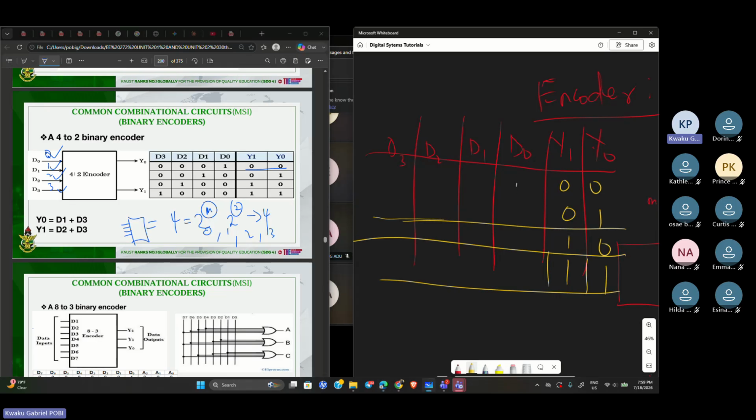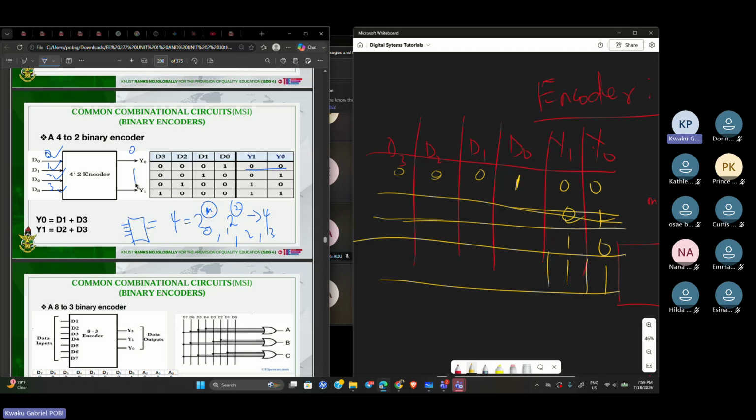All the rest should be zeros. That's the whole implementation here. If the output is 0, 1, D1 should be high. All the rest should be zeros like this.